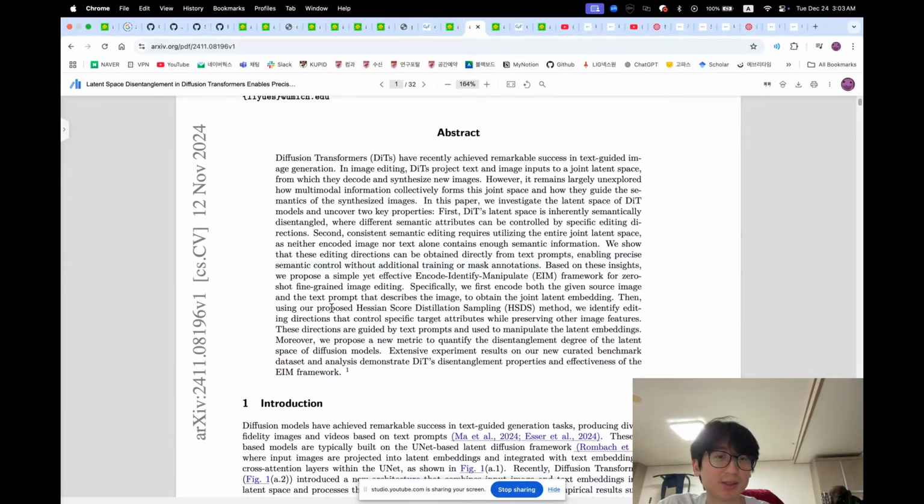Based on these insights, we propose an effective zero-shot fine-grained image editing method. We first encode both the image and text to obtain an embedding, using a VAE maybe, then using a proposed Hessian score method we identify the directions. These directions are guided by text prompts. There's a new metric to quantify this entanglement.